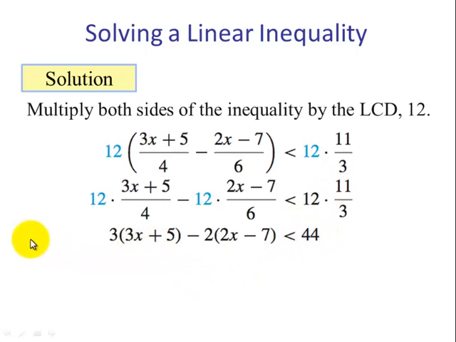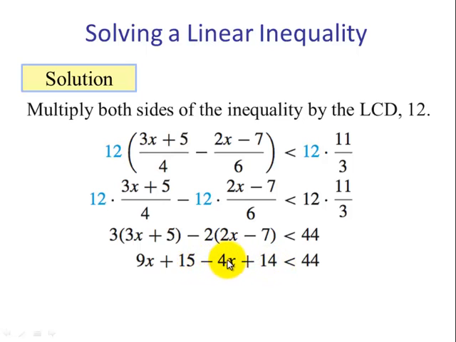Now using the distributive property here, we're left with 9x plus 15. And then we take negative 2 times 2x and we get minus 4x. And negative 2 times a negative 7 is a positive 14.